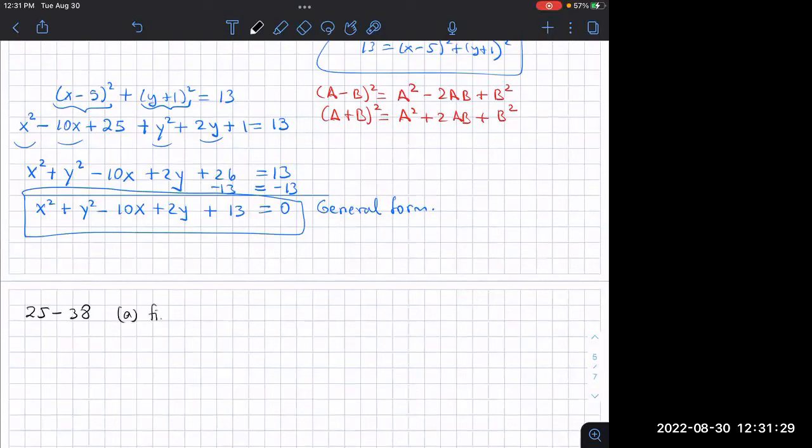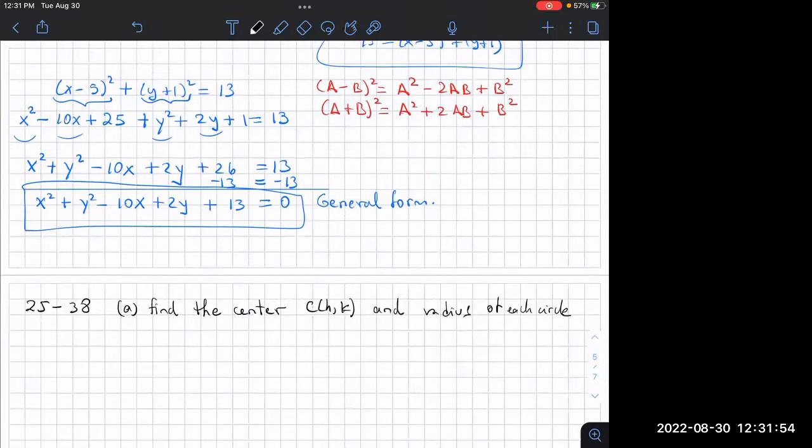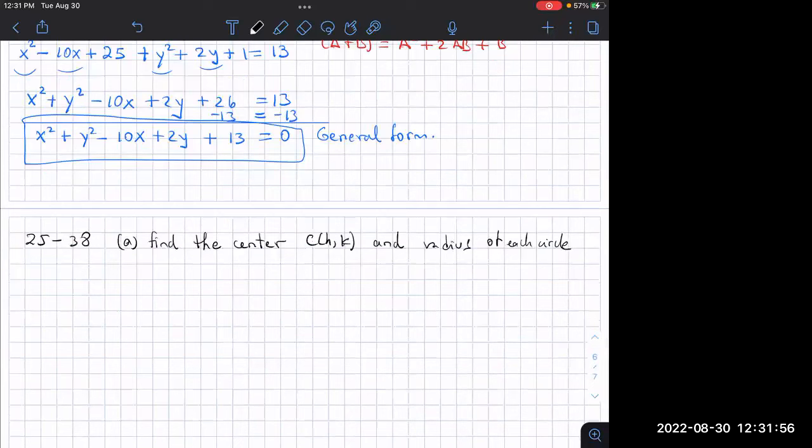A, find the center (h, k) and the radius of each circle. B, graph the circle, and C, find the intercepts.